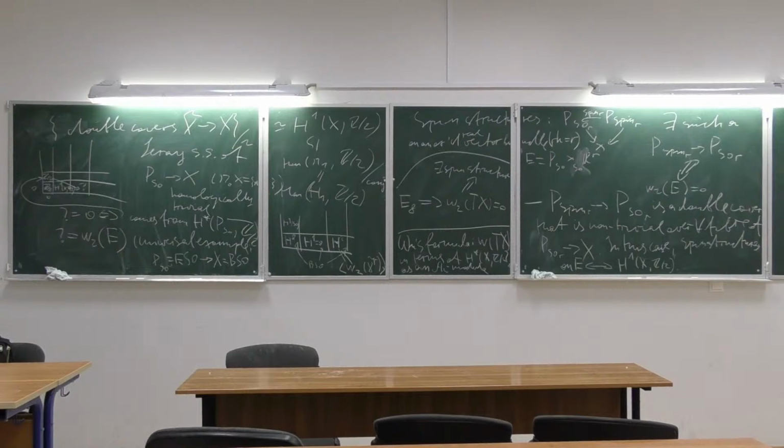Instead of saying that the second cohomology of the base is the Euler class, you can say the top cohomology is going to be the Euler class. The Euler class of what? The base, I mean, for the tangent bundle, or whatever vector bundle we have.